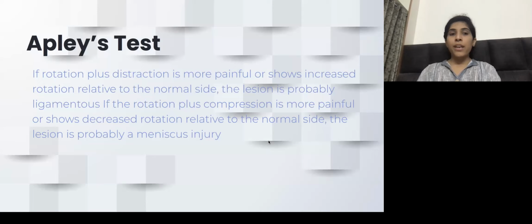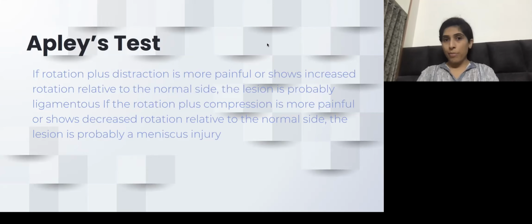And if rotation plus compression is more painful and there is a decrease in range of motion compared to the normal side, then the chances of meniscal injury are more.